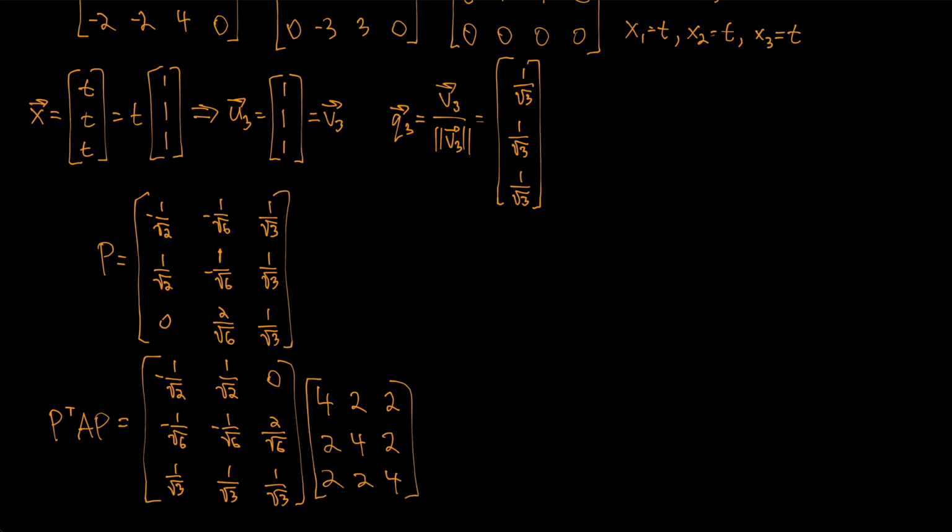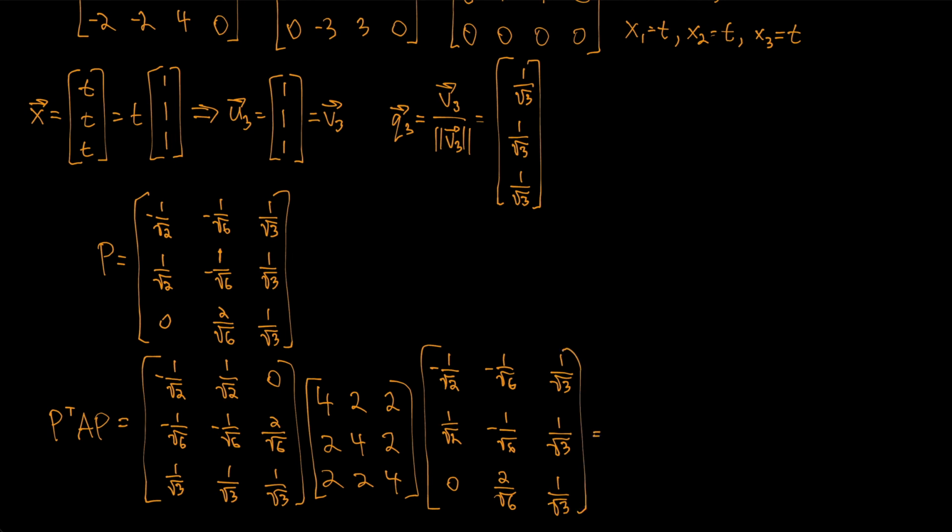And I'll get 1 over root 2. Now I'm just writing P: 1 over root 2, 0, minus 1 over root 6, minus 1 over root 6, 2 over root 6, 1 over root 3, 1 over root 3, and 1 over root 3.